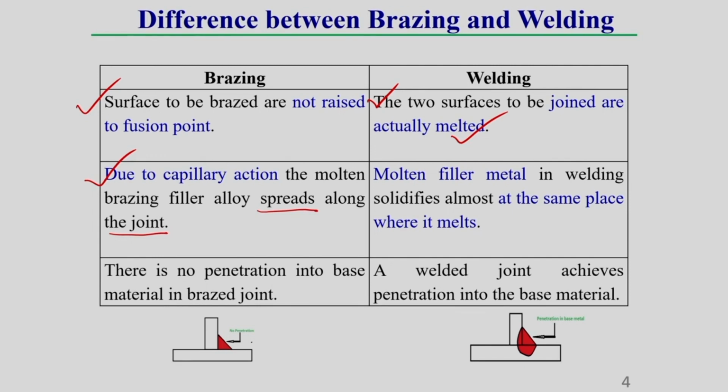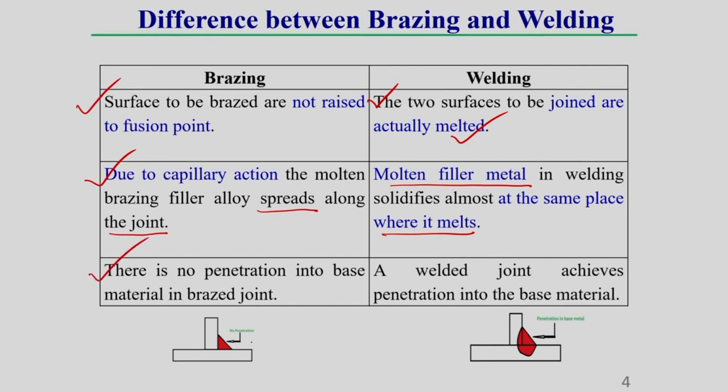Whereas in case of welding, you have seen the molten filler material solidifies almost at the same place where it melts. But in case of brazing, the filler wire spreads and goes to the required position by capillary action. But in case of welding, wherever the material is melted, in that location itself it solidifies. What I am telling, understand?